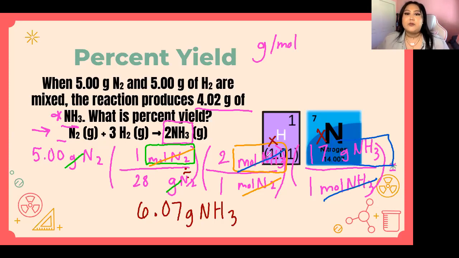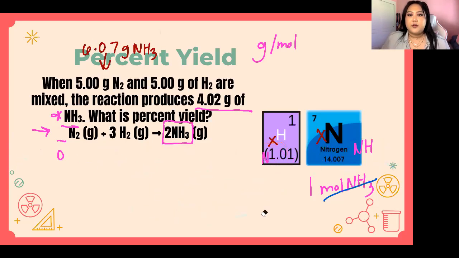But I would recommend going the next step of finding the grams of NH3, because you're going to use that anyways for the percent yield. Does that make sense? Yeah, okay, cool. So we're just gonna put here 6.07 grams of NH3. And then I'm gonna clear this.